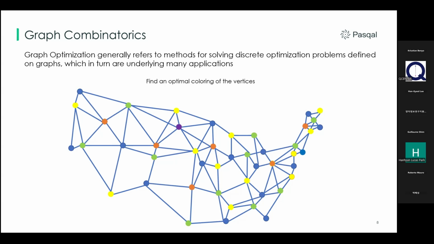This problem is typically referred to as the vertex coloring problem. So in the vertex coloring problem, you are not selecting nodes, but you are associating colors or labels or indexes to each of the nodes, such that any two neighboring nodes cannot have the same color.